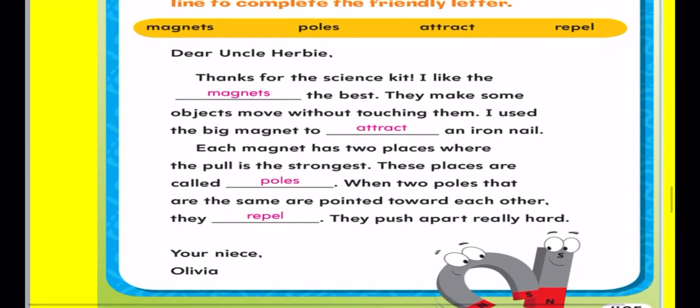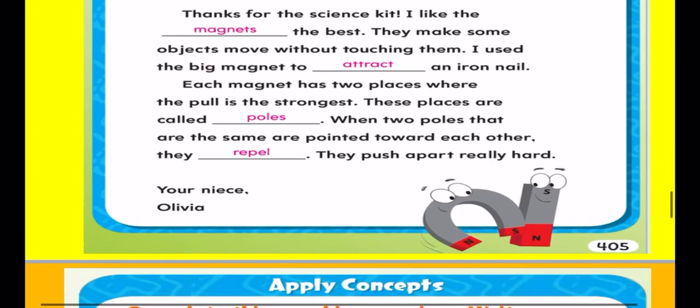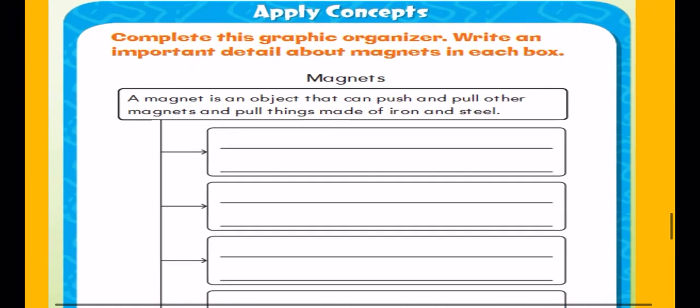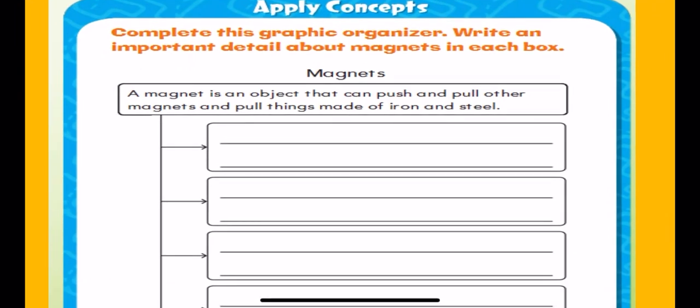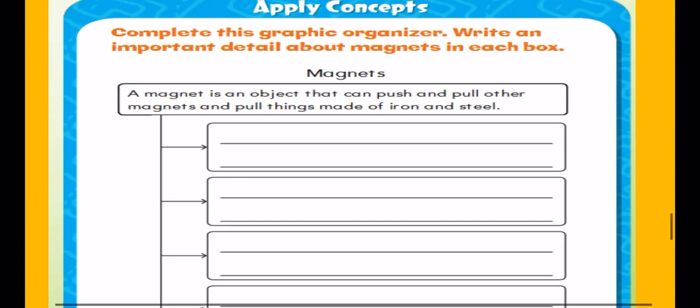If you got it right, just put a big star for yourself because you deserve it. All right? Now, let's do apply concept. Over here, I want you to complete this graphic organizer.